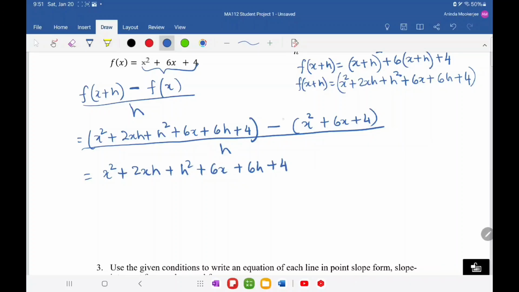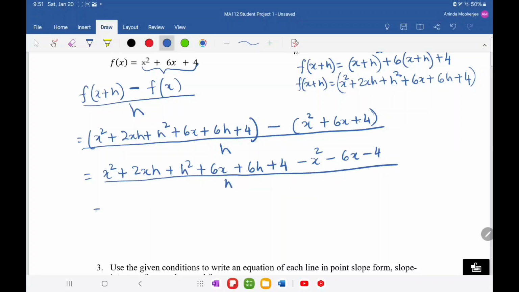Now there's a minus in between, so when I take off the brackets of x squared plus 6x plus 4, all these signs will change, right? Yeah, because we are multiplying everything by minus 1. So it's going to be minus x squared minus 6x minus 4, divided by h.